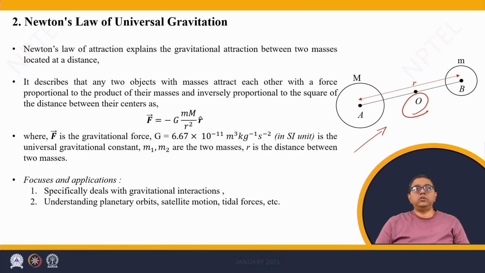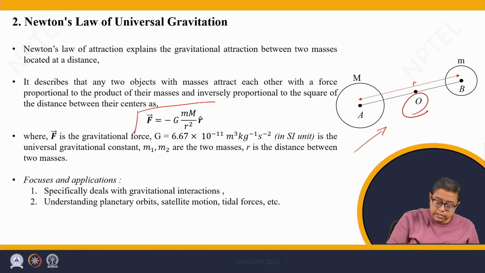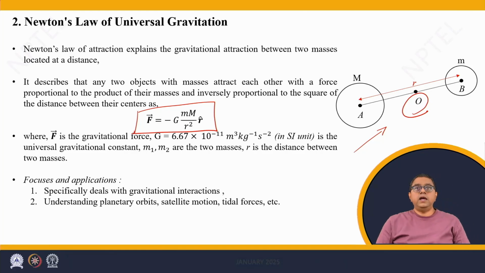Newton's law of universal gravitation describes that any two objects with masses attract each other. The force of attraction is proportional to the product of the masses and is inversely proportional to the square of the distance between the centers. This is mathematically represented as F equals minus capital G multiplied by m into capital M divided by r square.